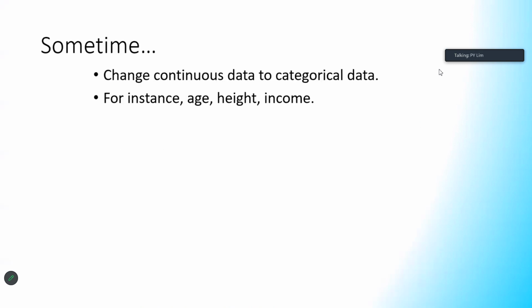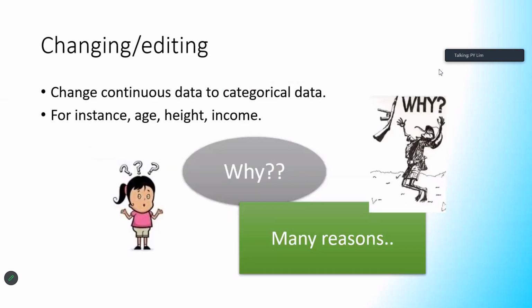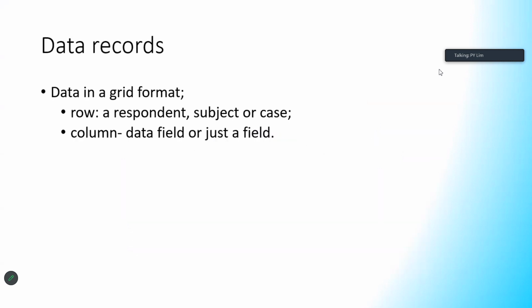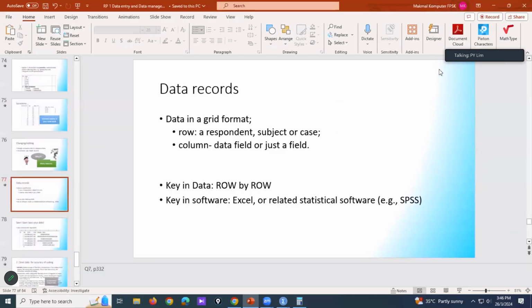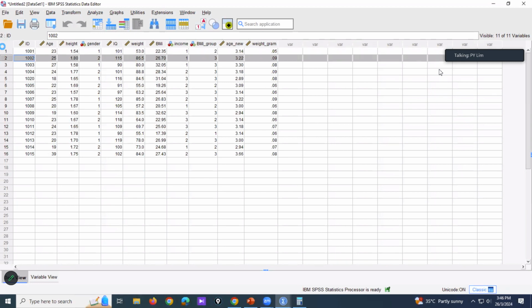Sometimes you will change continuous data to categorical data, like just now, BMI changed to BMI group, or continuous age changed to categorical. There are many reasons, so you have to think about why you want to change to categorical data. Bear in mind, one row, one respondent; second row, second respondent.